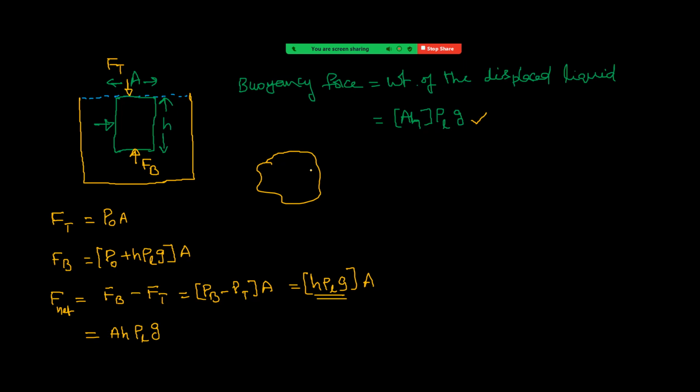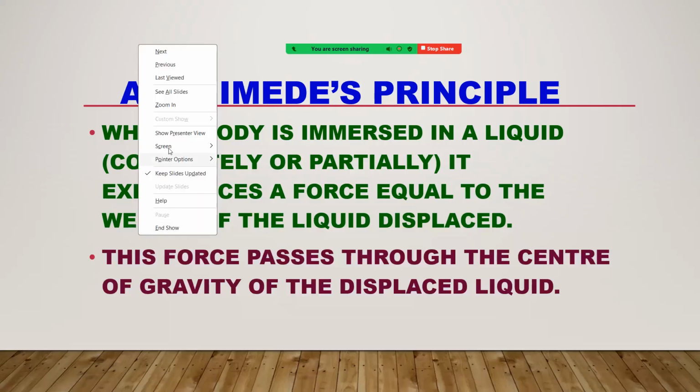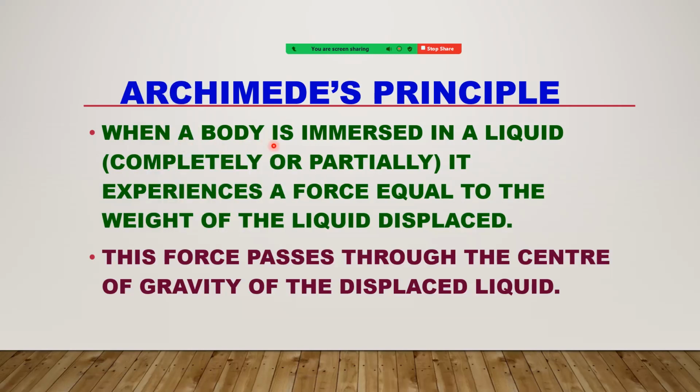Let us see simple problems based on buoyancy force. Focus on the statement here. When a body is immersed in a liquid, completely or partially, it experiences a force equal to the weight of the liquid displaced.